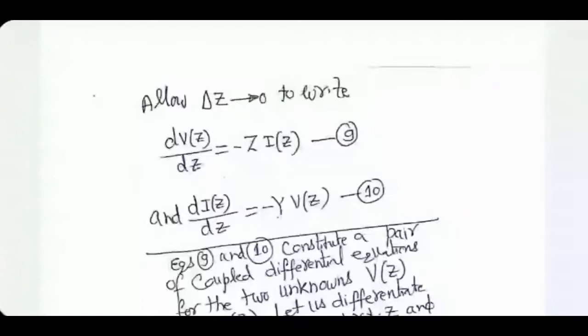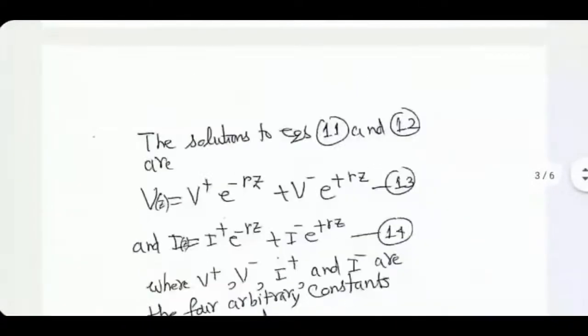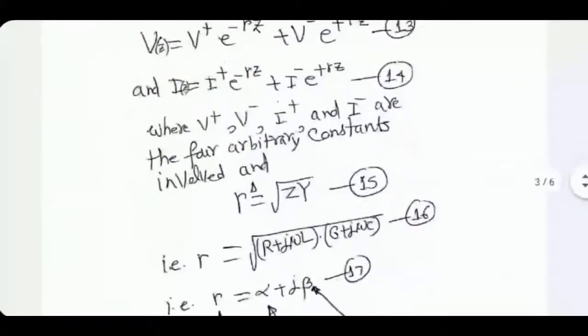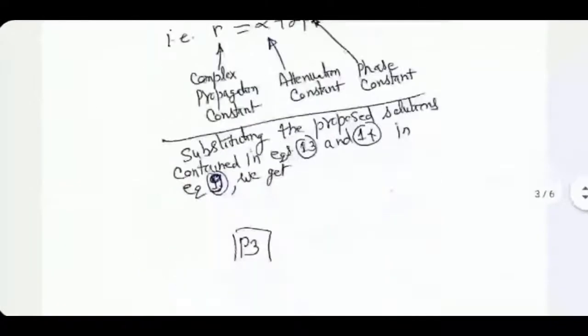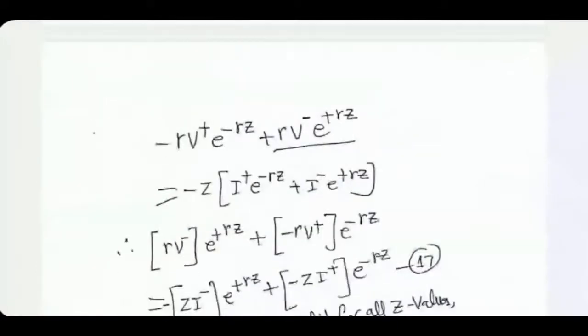I also had been derived in terms of I plus and I minus, of course. So we plug all that in equation 9, and we get a long equation containing terms e to the power minus gamma z multiplied by something and e to the power plus gamma z multiplied by something on both sides.